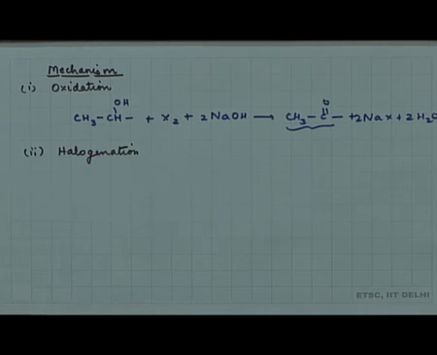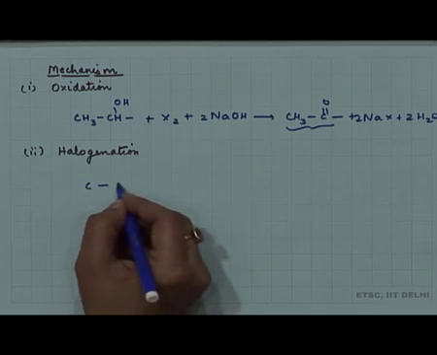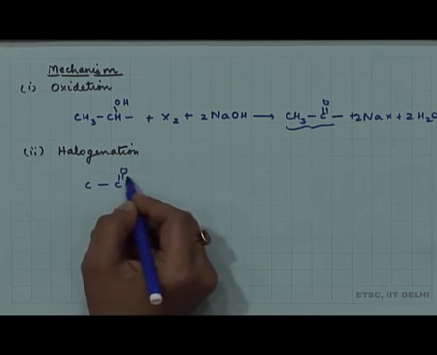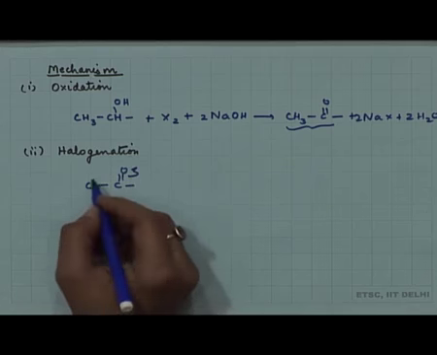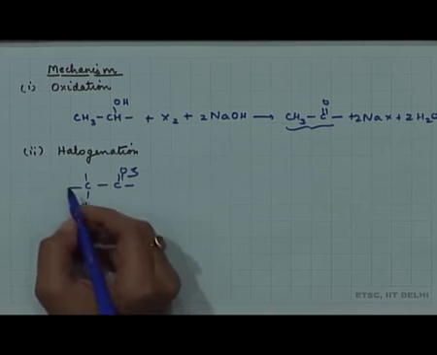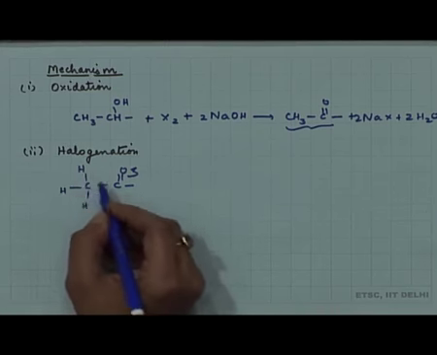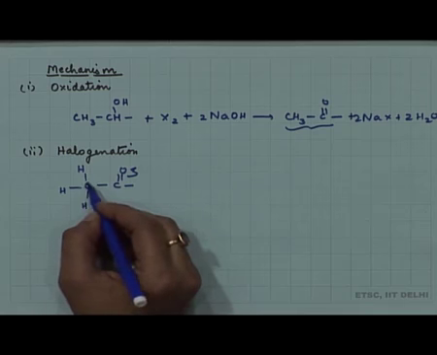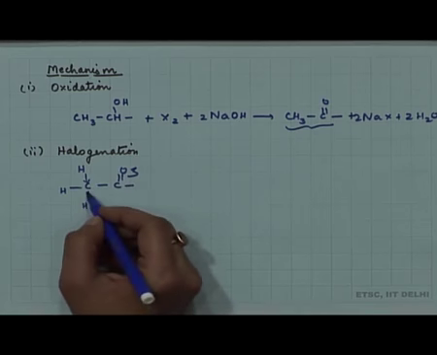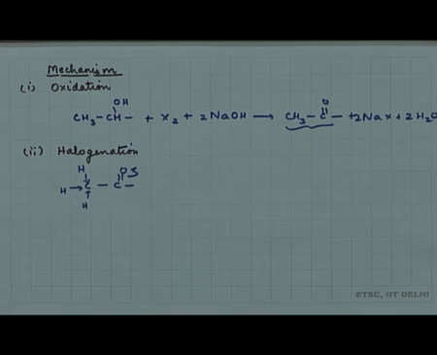Now, in the halogenation, you have a carbon next to a carbonyl, which is electron withdrawing, and each of these hydrogens, the alpha hydrogens, is slightly acidic because of the carbonyl adjacent to it.